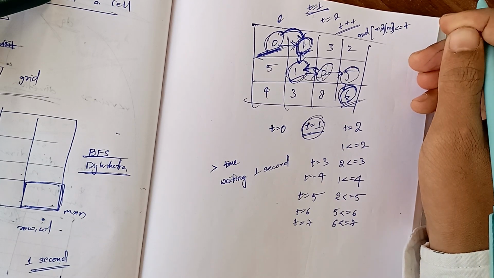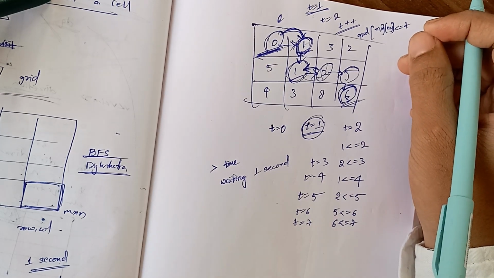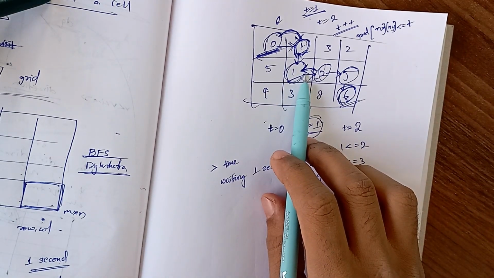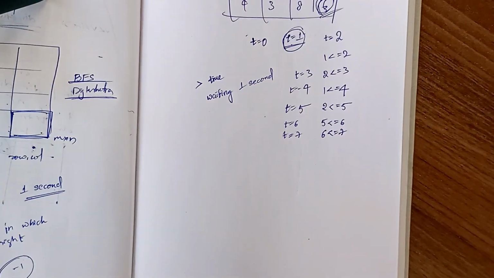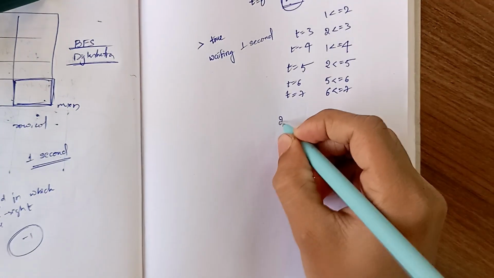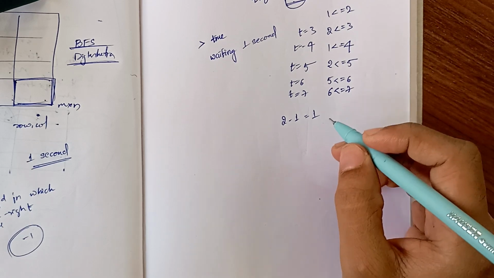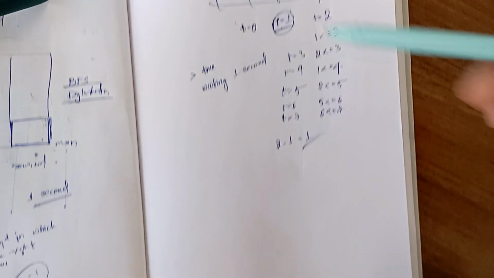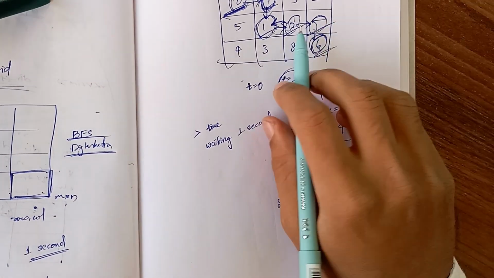Now if it is odd, let me take an example. If the difference, that means if 2 and 1, the difference of 2 minus 1 is equal to 1. Now this difference is giving us an odd number. Now if you see this example, here we are at 2 and here it is 5.